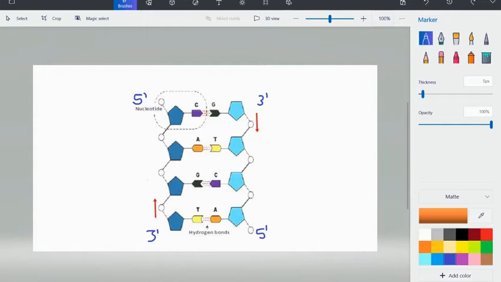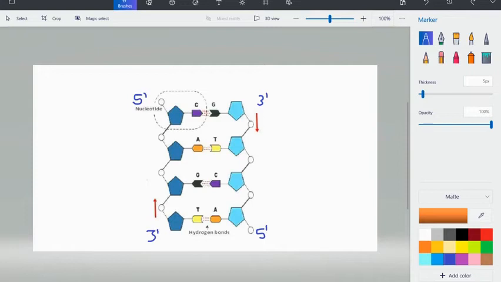Notice that on this side, all of the sugars have a point that is pointing that way. And on this side, all of the sugars are pointing the opposite direction. Now, in organic chemistry, we name the carbons in that sugar ring, and we are highly creative.